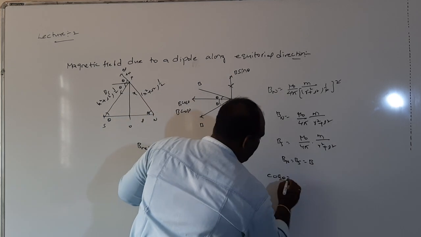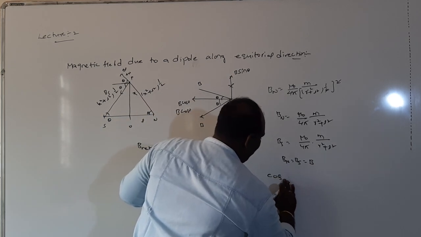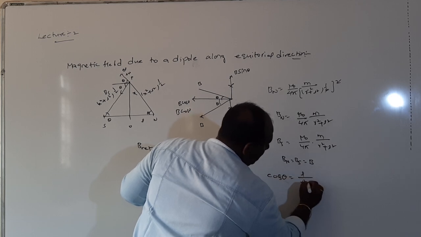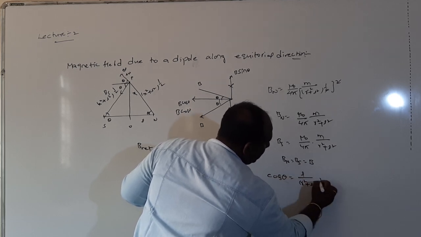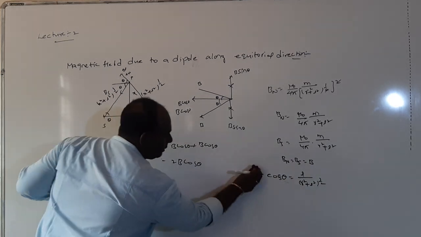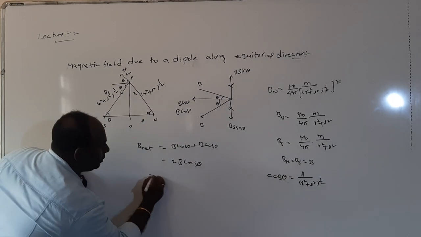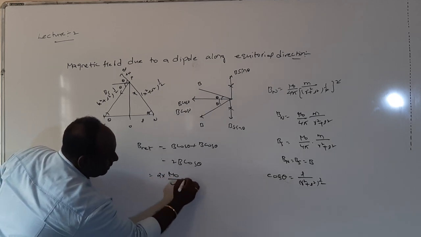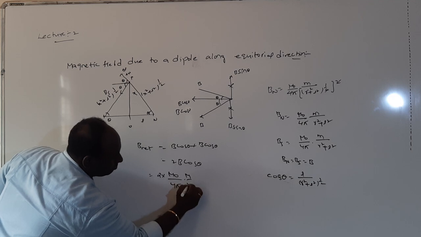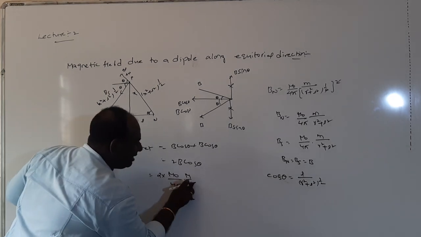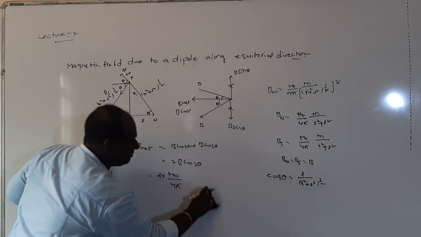The adjacent side is L, so cos theta is equal to L by (r square plus L square) whole power 1 by 2. Then we substitute the values in 2B cos theta. B net is equal to 2 into B, which is mu naught by 4 pi, m by (r square plus L square).